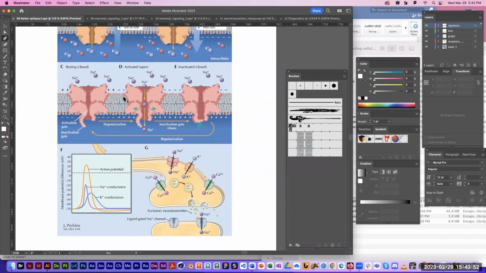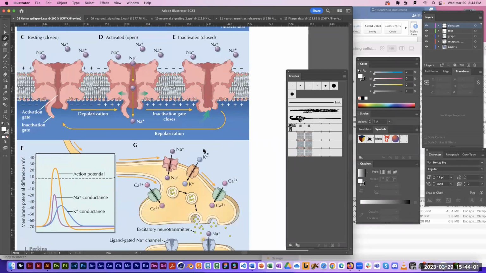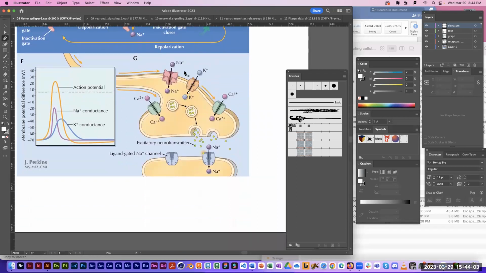I believe this is a voltage gated sodium channel. And then you see these little tiny miniature versions of these different receptors, but this is basically showing the propagation of an action potential. In pink here, we've got a voltage gated sodium channel. So as the voltage comes down the axon, it triggers this to open, allows sodium to flood in, which then continues to propagate that action potential down the cell.